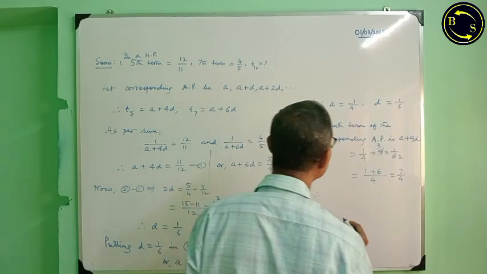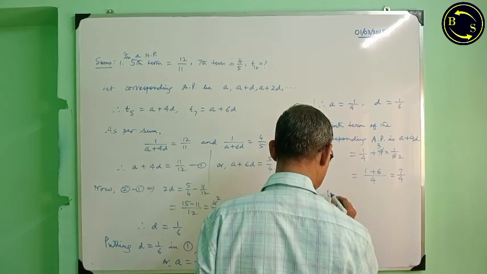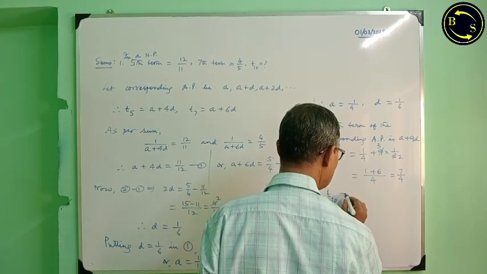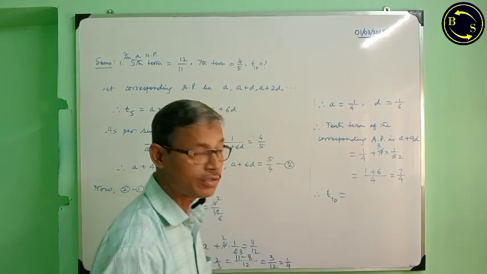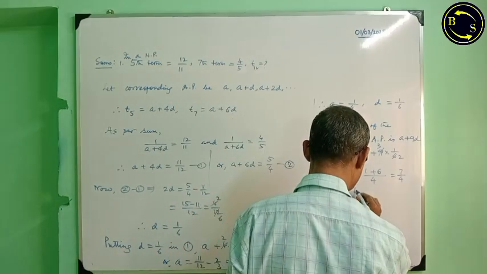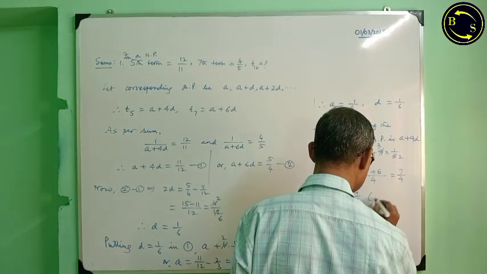Therefore, T10 is equal to the reciprocal of that, 4 by 7.